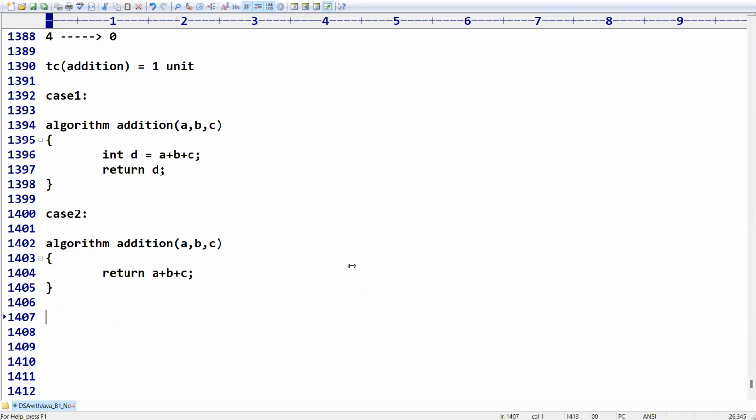By habit we are going to write fewer instructions only. So space complexity you can concentrate on, but not as much as time complexity. You need to concentrate on time complexity more, because the data is becoming very large nowadays.